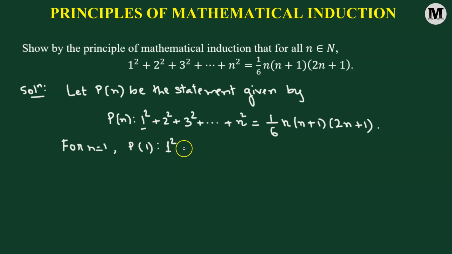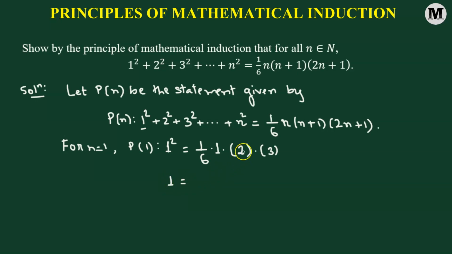So we'll take 1 squared and we say that this equals 1 over 6 multiplied by, we're going to replace the n on the right hand side with 1. So 1 over 6 multiplied by 1 multiplied by n plus 1. That's going to be 1 plus 1, simply giving us 2, multiplied by 2 times 1, so that's 2, added to 1, so that's going to be 3. So on the left hand side we have 1.